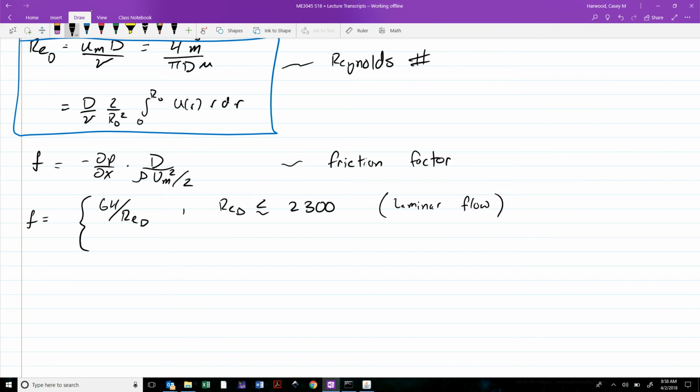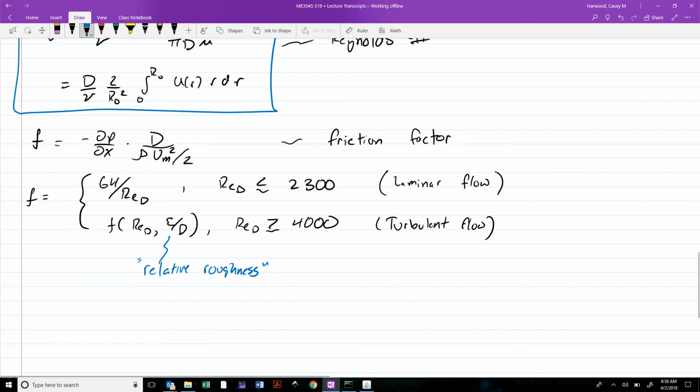And then we say that f is a function of the Reynolds number and the relative roughness of the pipe we're considering if the Reynolds number is greater than about 4,000, which corresponds to turbulent flow.